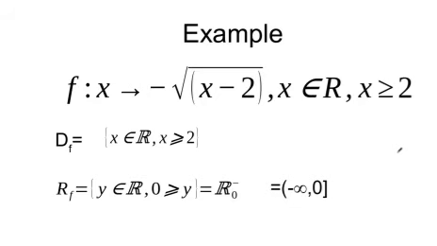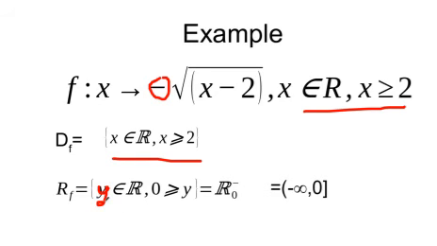Okay, what about this? The same example, but I have changed the sign here. So the domain does not change. The domain is the same as before. But what about the range? Y is also a real number, but now all the y's are negative except when it is 0, right? So it should be y less than or equal to 0.